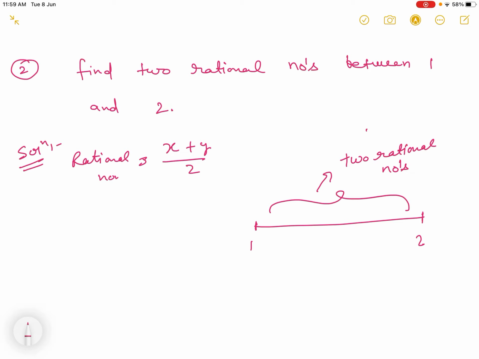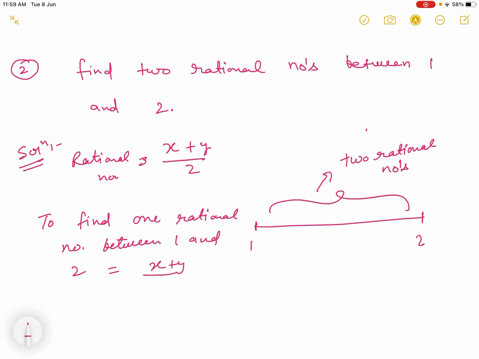So our main objective is, first we have to find one rational number between 1 and 2. We have already solved it. To find one rational number between 1 and 2, we will apply the same formula (x plus y) by 2, where we know x is 1 and y is 2.